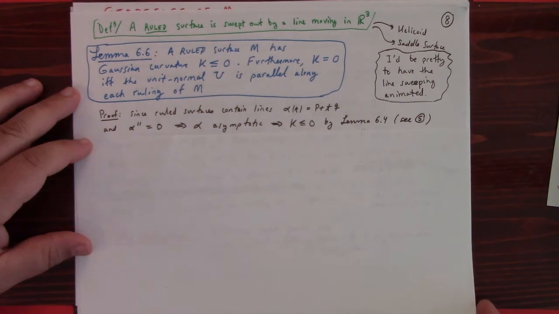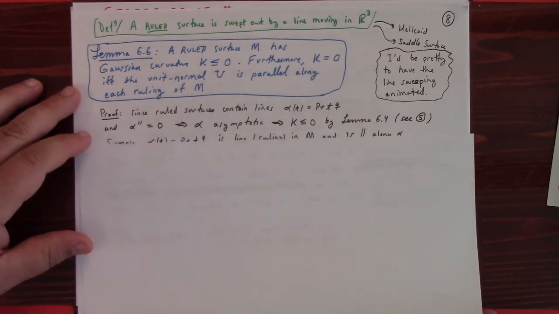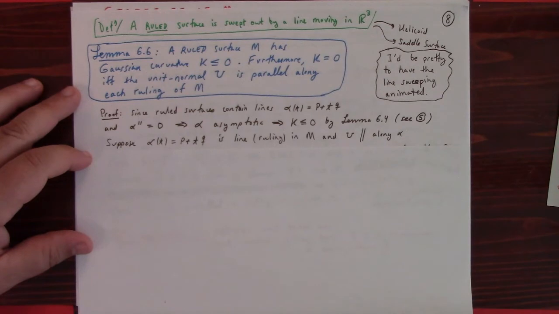And so by lemma 6.4, which we proved in the last video, the Gaussian curvature is non-positive. And every point in a ruled surface has a line going through it too, right? So that's not just some points, all points in the surface have K less than or equal to 0.